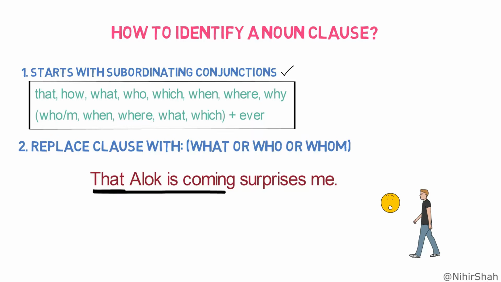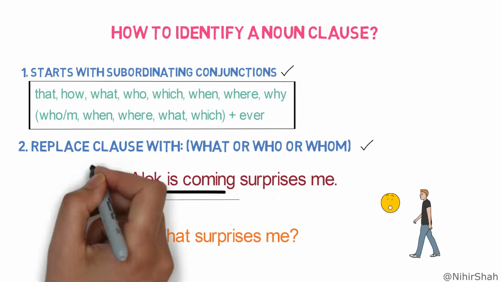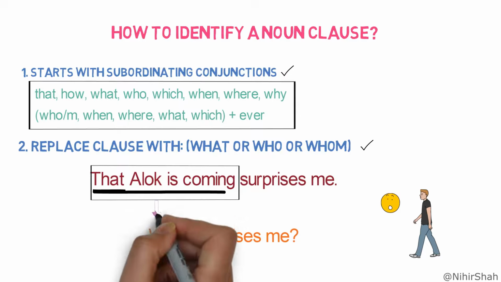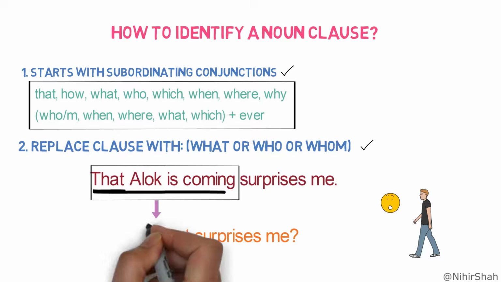What is step 2? Step 2, replace the clause with what or who or whom, and the clause should be able to answer it. After replacing it with what, the sentence is, what surprises me. Here, the clause that Alok is coming is answering the question what.